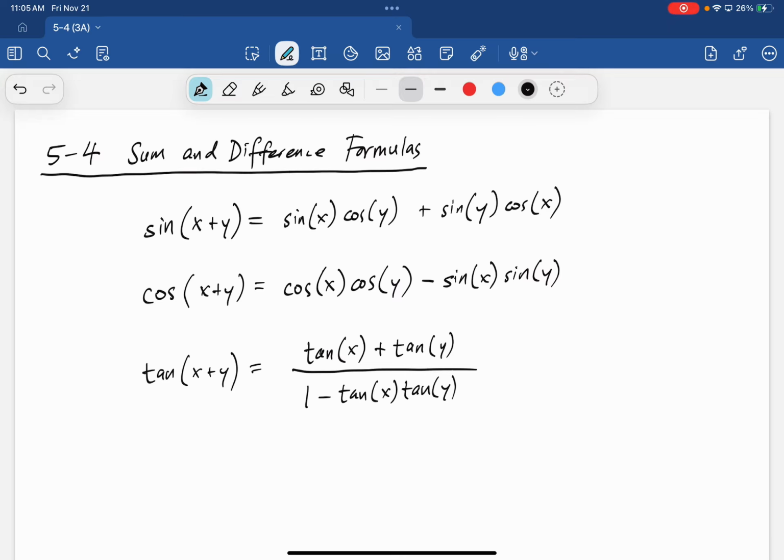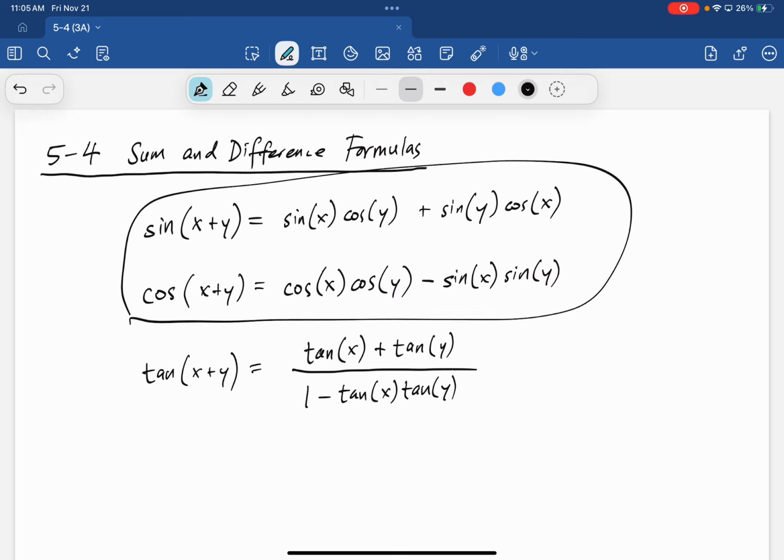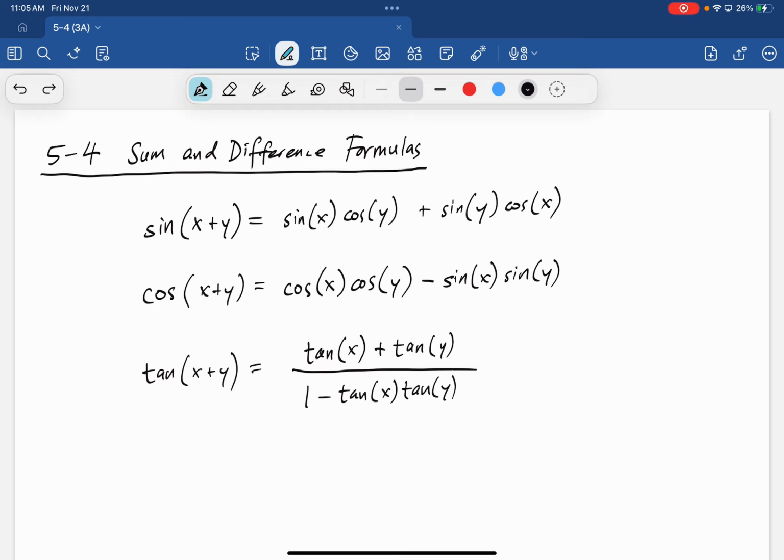That's something you can derive actually from these formulas by dividing them, but I'll leave that as an exercise for the reader. So the tangent x plus tangent y is in the numerator, and then in the denominator you have 1 minus tangent x tan y. Don't forget about that minus sign.